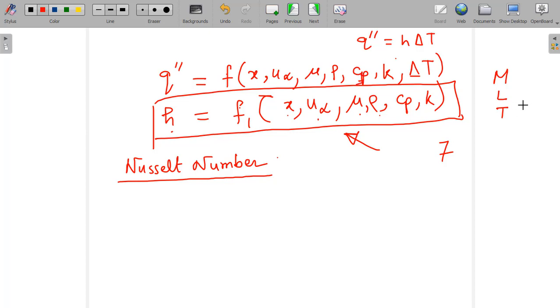So temperature is another one. If we write theta as temperature, then basically 4 fundamental dimensions are present: mass, length, time and temperature.